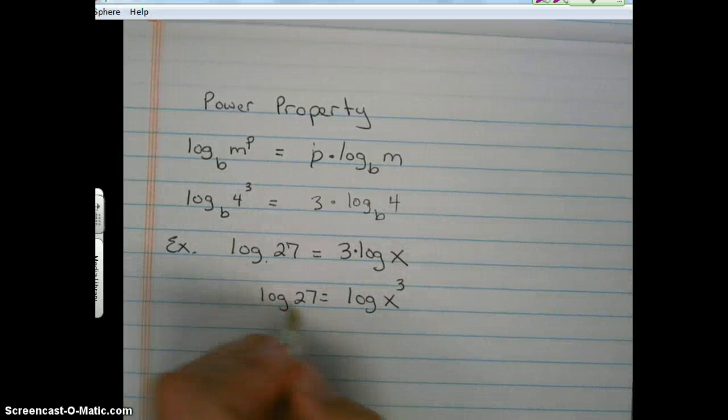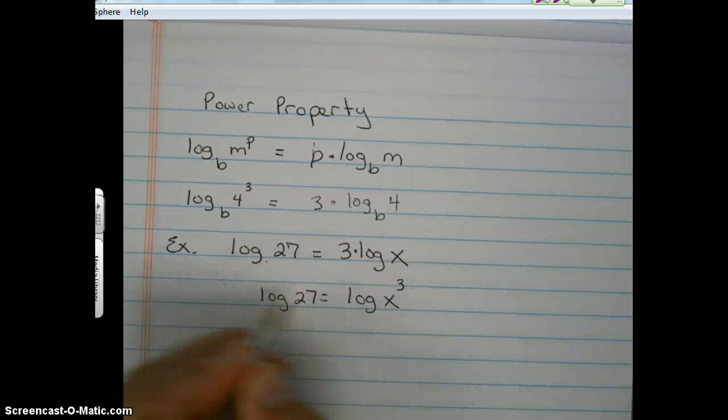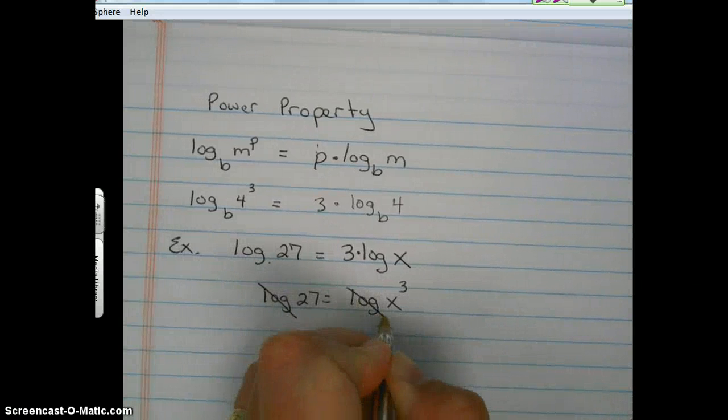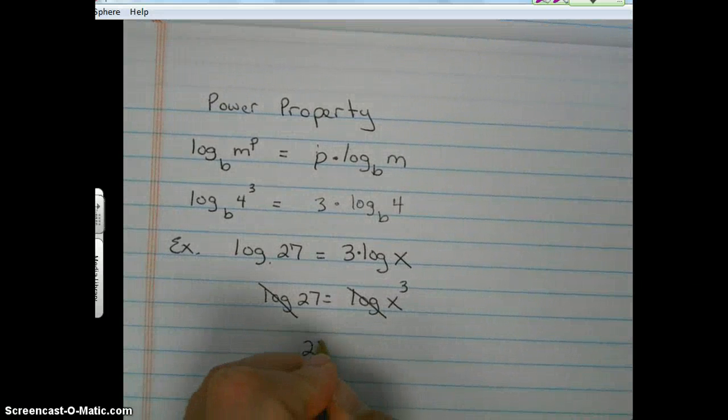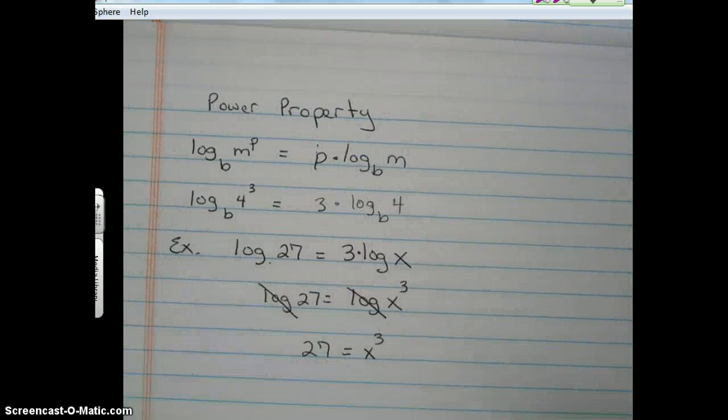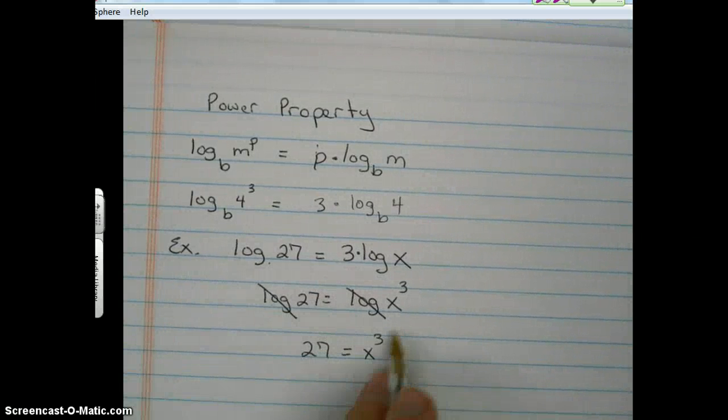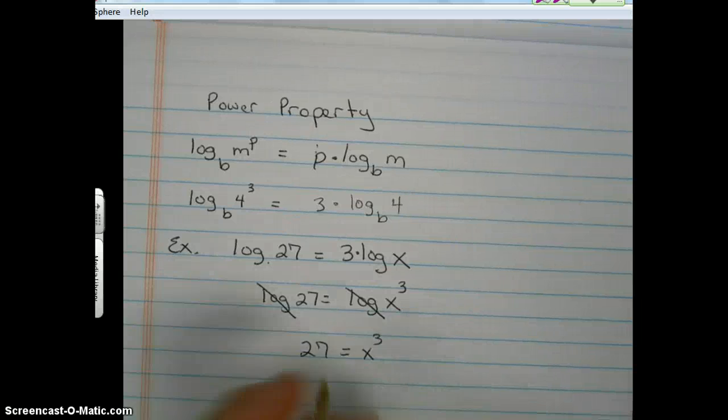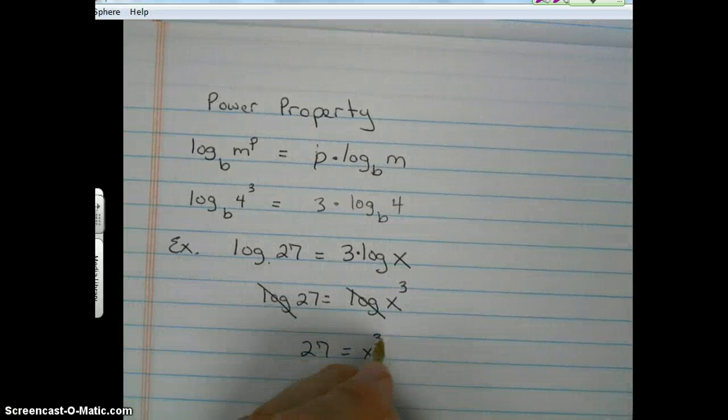So now that our bases are the same, we can cancel those out. We get 27 is equal to x cubed. And so we're looking for, well, what number to the third power is equal to 27? That's pretty obvious, that's going to be 3.